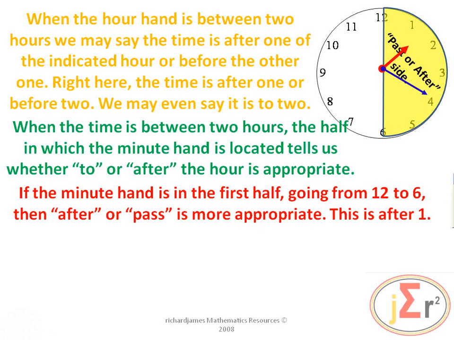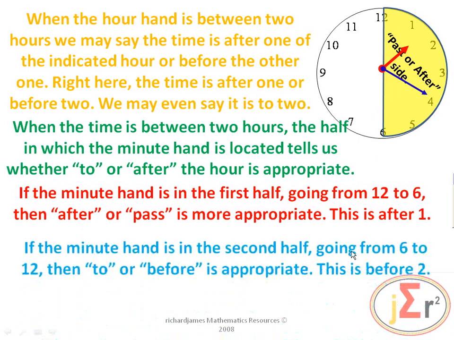Now, technically, since 1 o'clock has passed, the time is before 2. But because it is in the first half, we will more appropriately say that the time is after. So after is more appropriate when the minute hand is in this half of the clock.